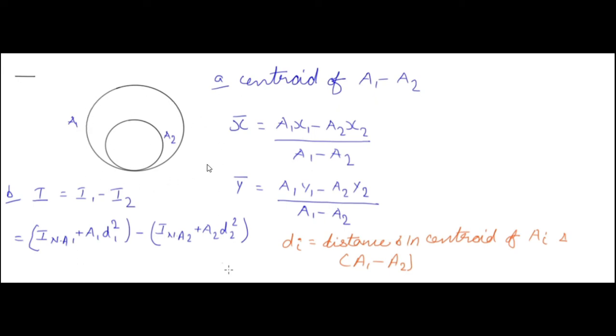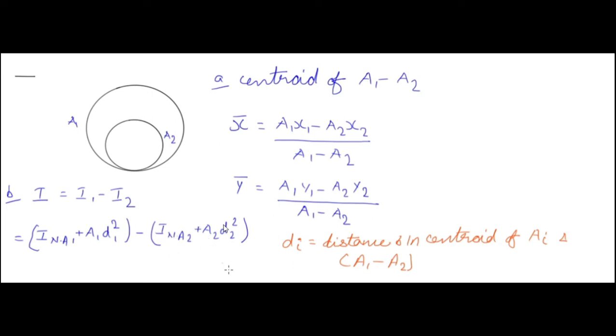Once again, the area moment of inertia of this composite section A1 minus A2 is I1 minus I2. So I1 is the moment of inertia about the neutral axis of A1 plus A1 into d1 square, and similarly I2 is I in A2 plus A2 d2 whole square.